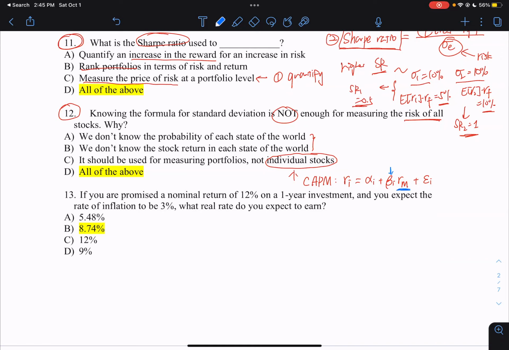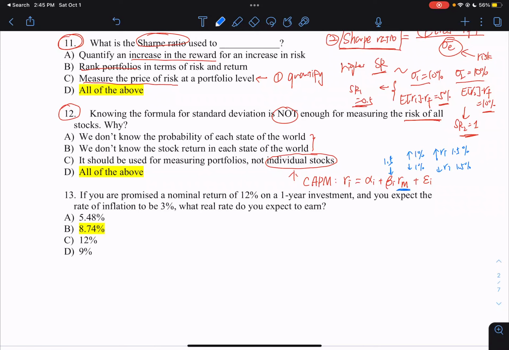If beta is 1.5, it means if the stock market return goes up 1%, your individual stock return will go up 1.5%. If the market goes down 1%, your individual stock will go down 1.5%.